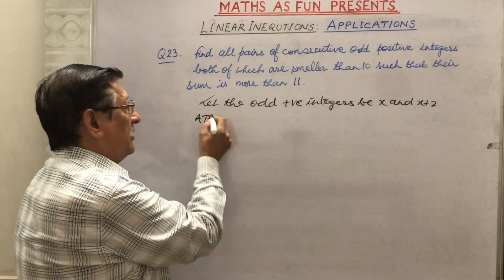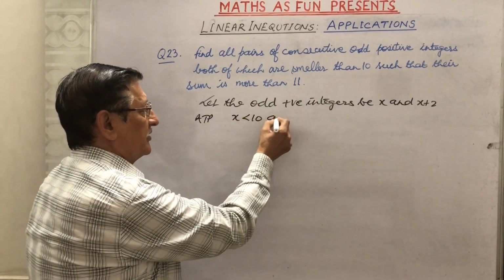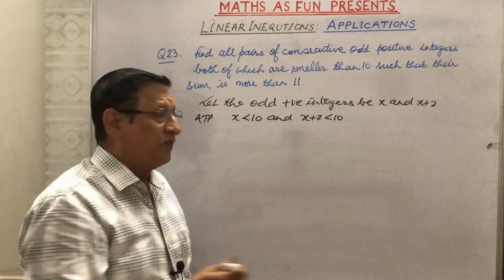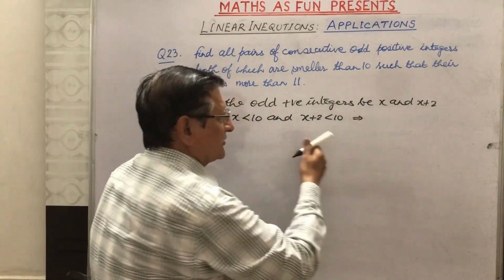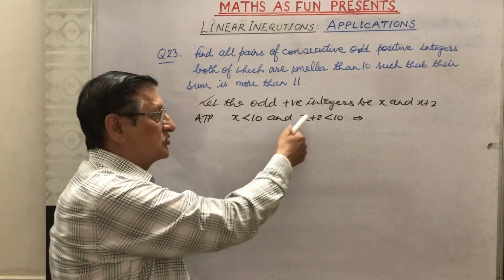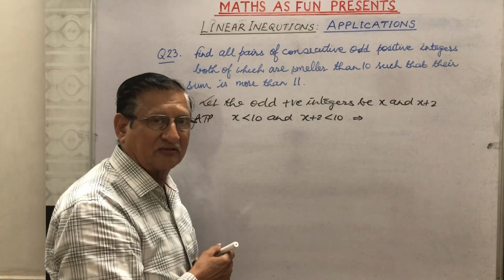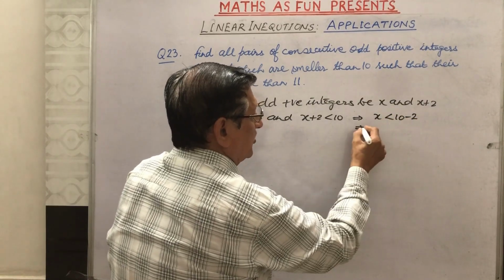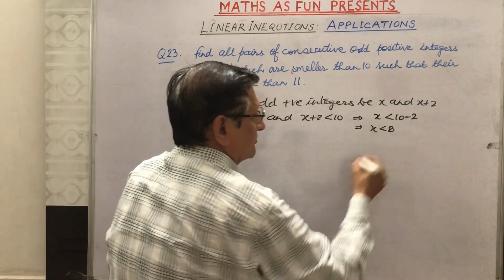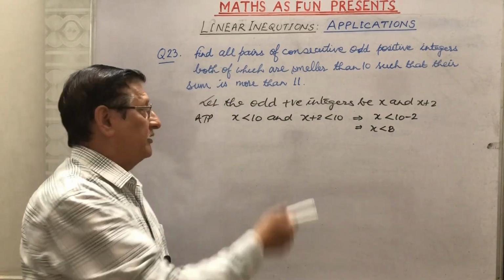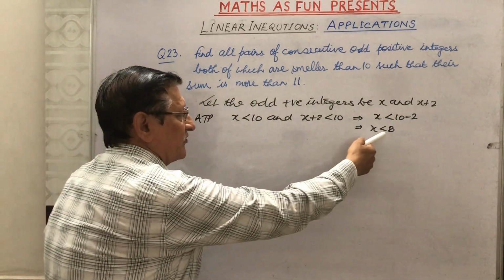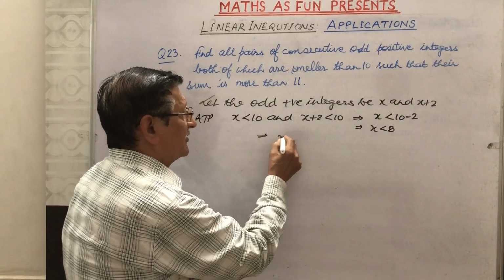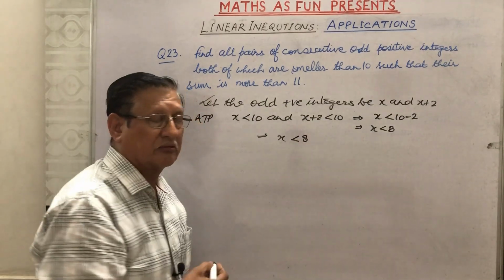So x < 10 and also x + 2 < 10. From this, applying transposition of 2 on both sides, x < 10 − 2, or x < 8. Here we find x < 10 and here x < 8. What is common between them? Common between them is x < 8.